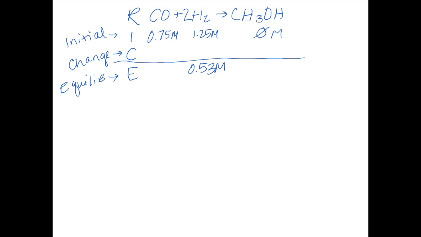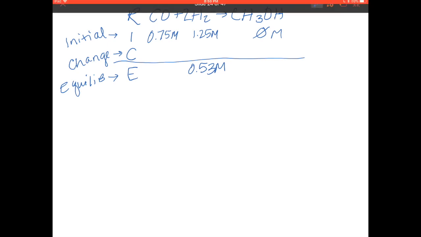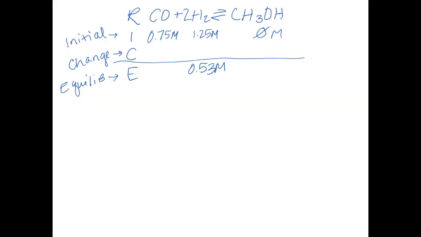So my reactants are going to decrease in concentration because there's only one direction that my reaction can go because I don't have any products. This is an equilibrium, so I need to write my equilibrium arrows in. Because this reaction only has one direction to go, my reactants are going to decrease. So that change is going to be minus some amount. We don't know what it is.